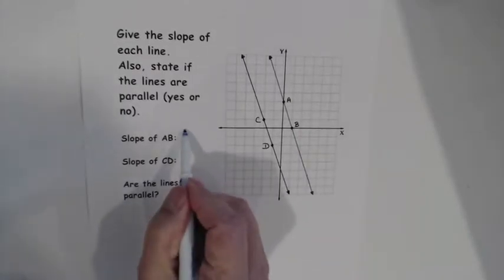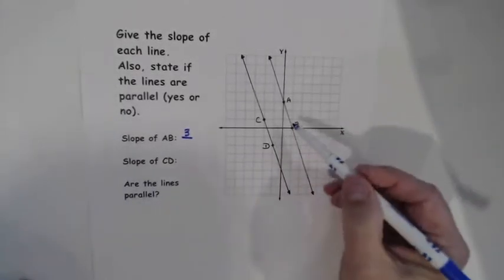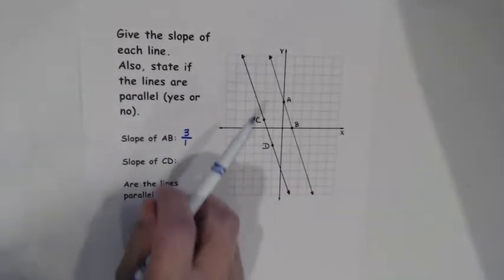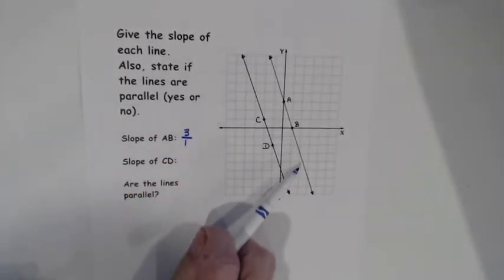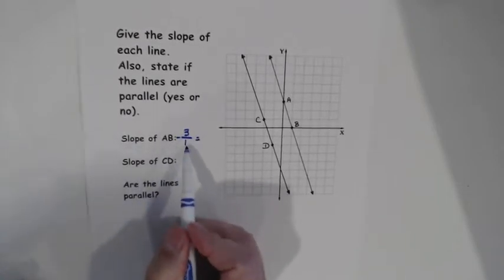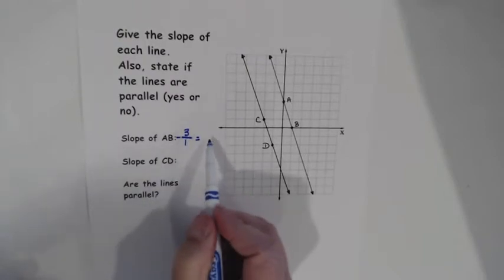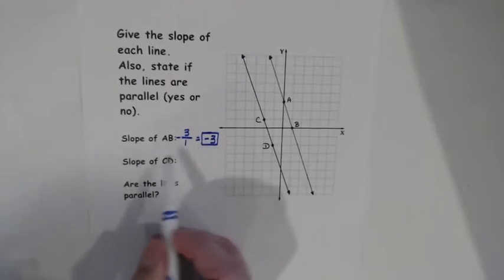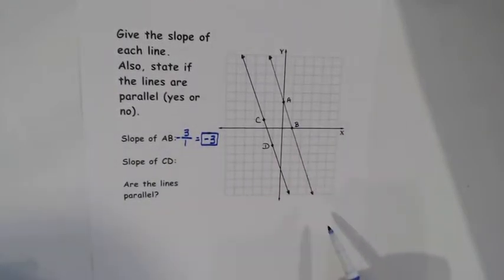So I put that number in the top of the fraction, go over 1, put that number in the bottom of the fraction, and then I'll look and see that this is going down. That's going to be a negative. I can actually divide these numbers, so I do that. 3 divided by 1, negative 3. That's the slope of this line right here.